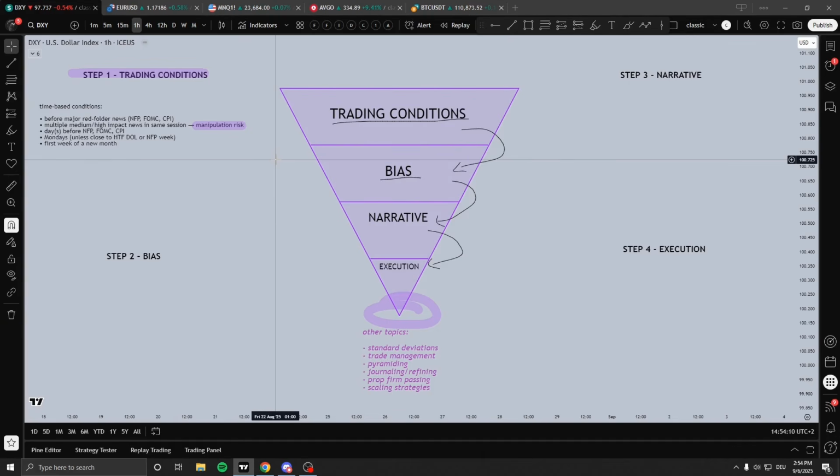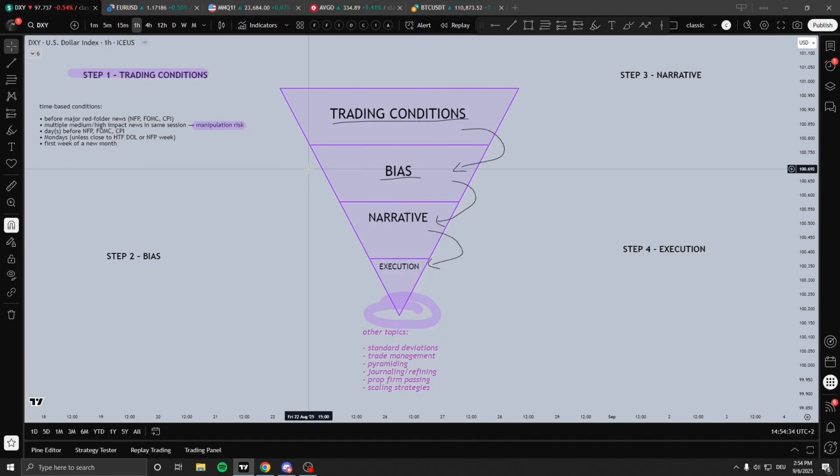Price is either in consolidation, seeking to destroy, or still in the manipulation phase. As mentioned, the day before NFP, FOMC, and CPI also often tends to be in consolidation, again depending on the overall context and where we are trading on the higher time frames. We will come to the price-based conditions in a bit.